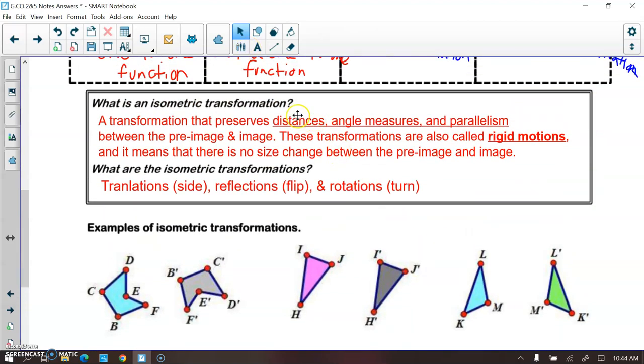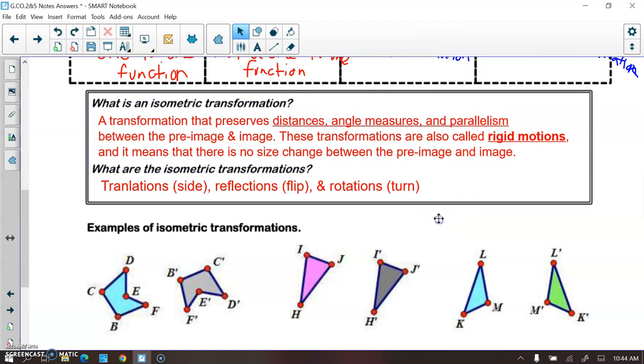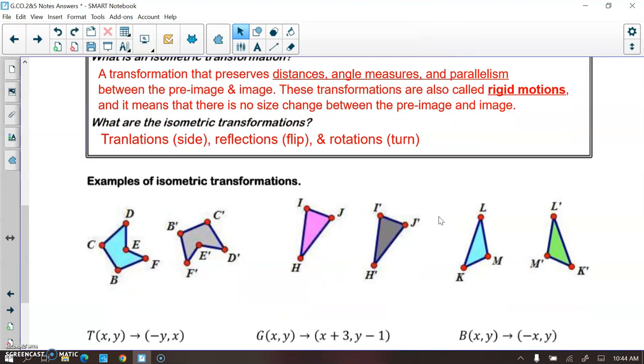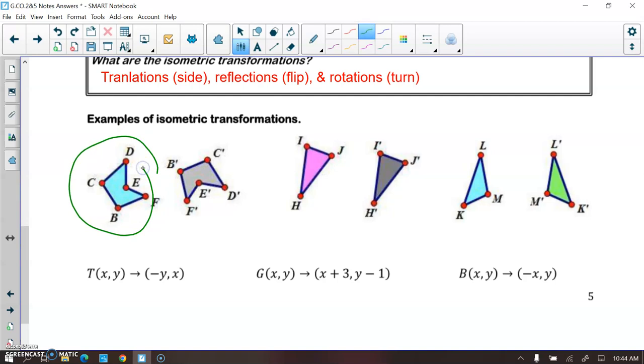So what that means is that they preserve distances, angle measures, and parallelism, which again, we'll talk about what that means in a little bit. But let's look at each of these examples of isometric transformations. In this first example, what happened between this five-sided figure and this five-sided figure is we just turned it.